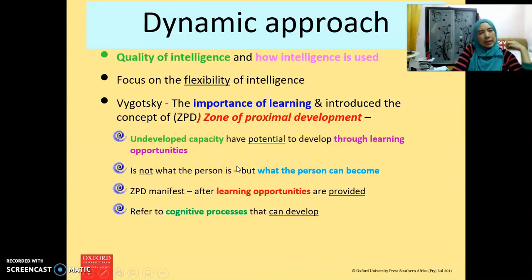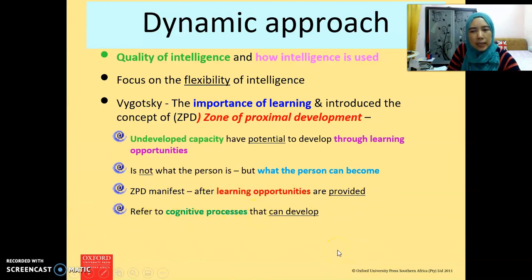If given exposure, those capacities that are undeveloped can still be developed if given a learning opportunity. It's not about what the person is, but about what the person can become. So ZPD can manifest after learning opportunities are provided, and refers to cognitive processes that can develop.